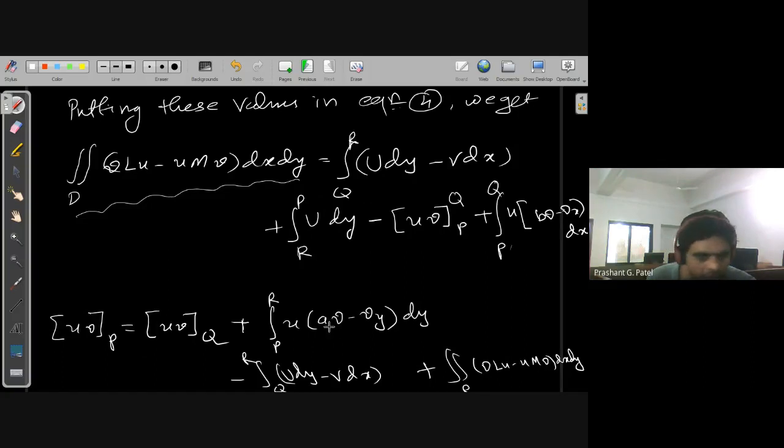This is the value of U we get. And this final term, which is again of negative sign, so plus integration from P to Q of U (BV minus Vx) dx.